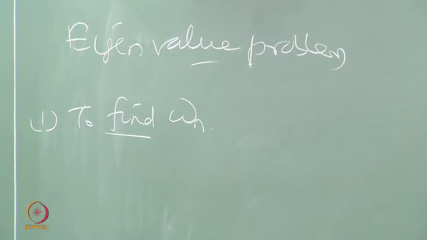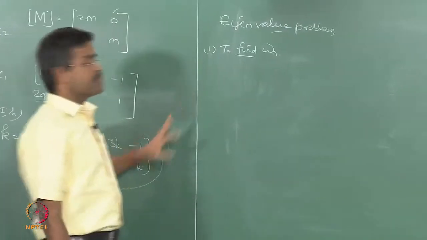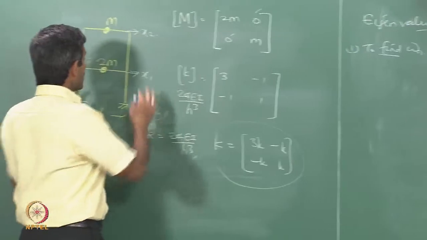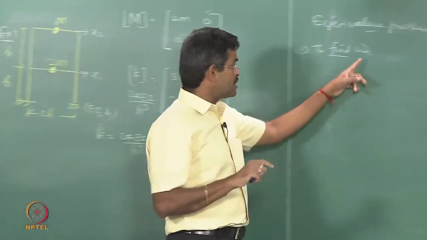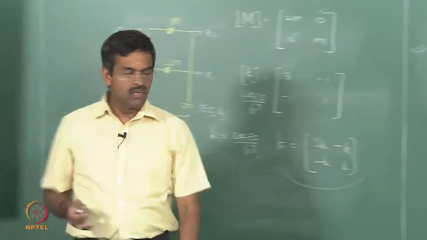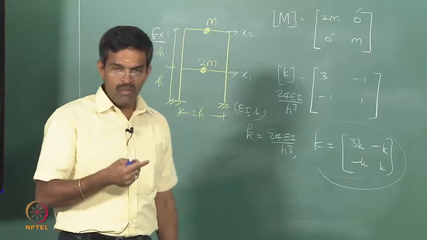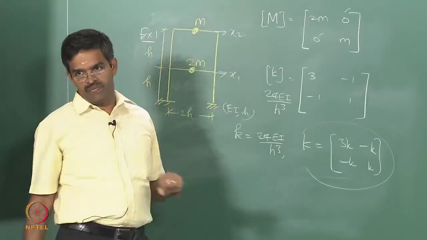Now, one can ask a question, how many natural frequencies will be given in a system if the degrees of freedom is n? If the degrees of freedom in a given system are n, you will have n natural frequencies. Of course, this n does not stand for the number, this stands for natural. This suffix n stands for natural. If you have n degrees of freedom here, you will have n omegas.